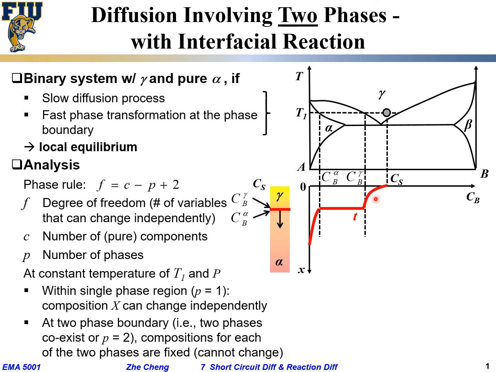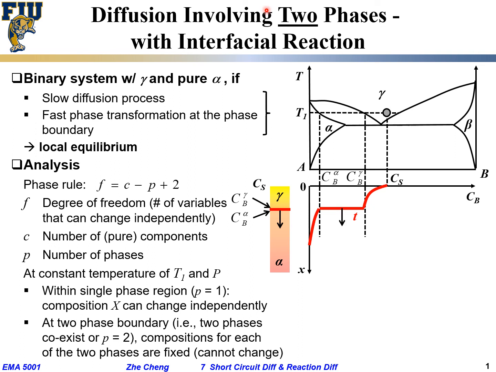And then at the interface, the gamma concentration of CB would be determined by the intercept between the isothermal and phase boundary, which goes down to here. Make sense? That's how you view it. You have to tilt your head the other way to look at the concentration, so that the location matches your actual sample.